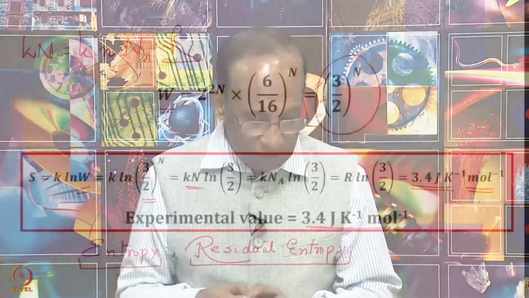We do have some residual entropy, and we discussed that this residual entropy depends upon the molecular properties. Therefore, we should not blindly say that entropy at absolute zero is equal to zero. Entropy at absolute zero is equal to zero only for perfectly crystalline substances.